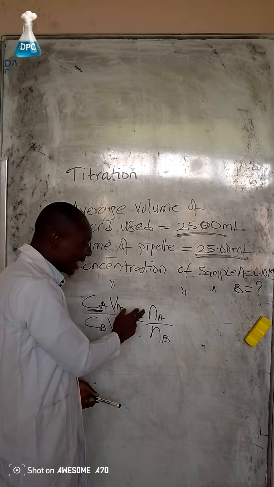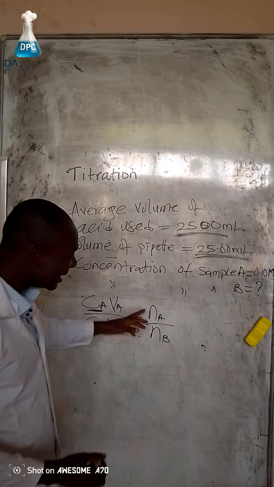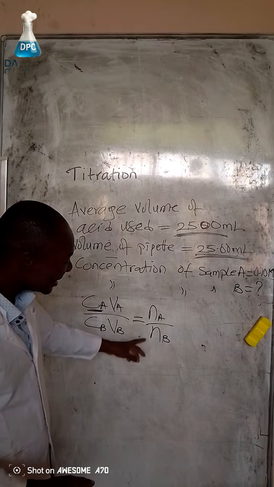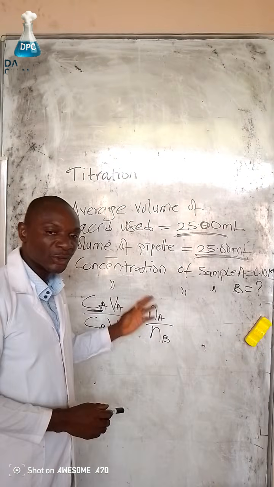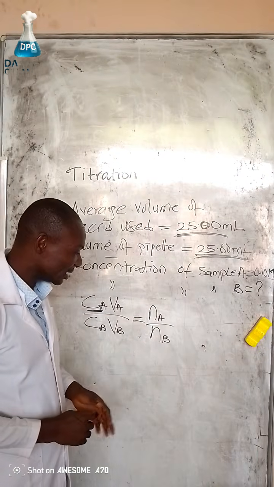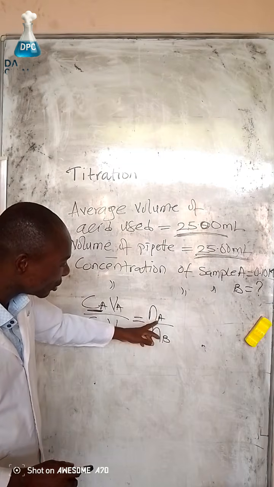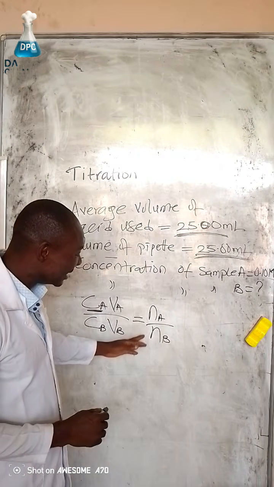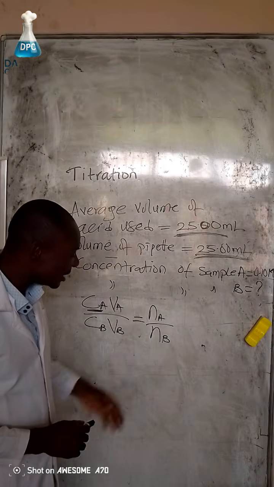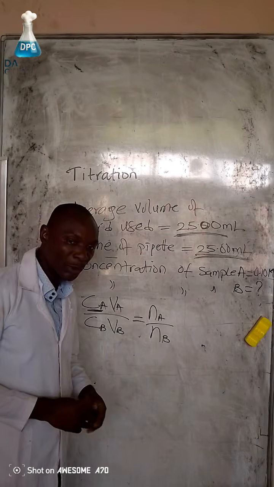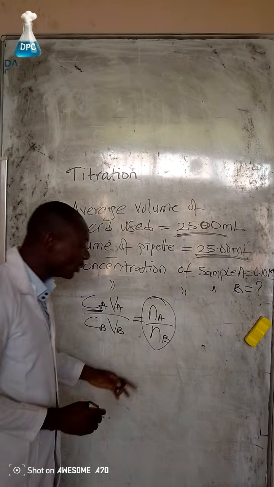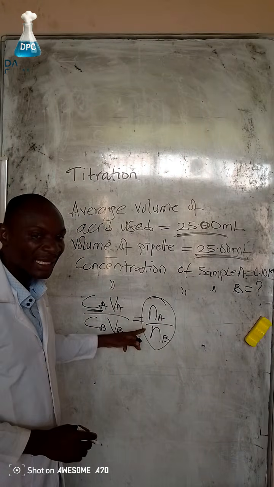Then we come to Na. Na is the mole ratio of solution A, and Nb is the mole ratio of solution B. This can only be gotten from the balanced chemical equation.